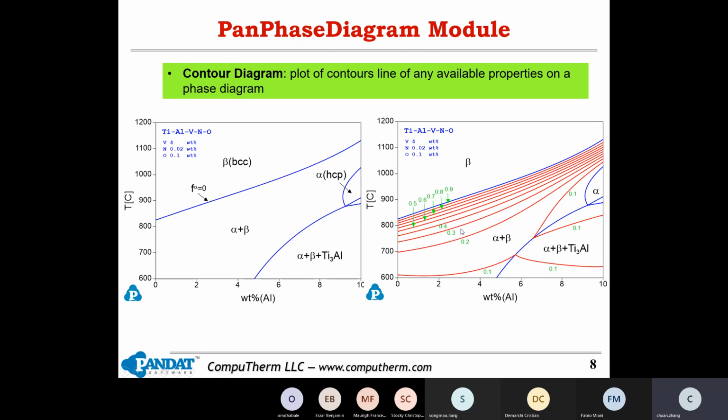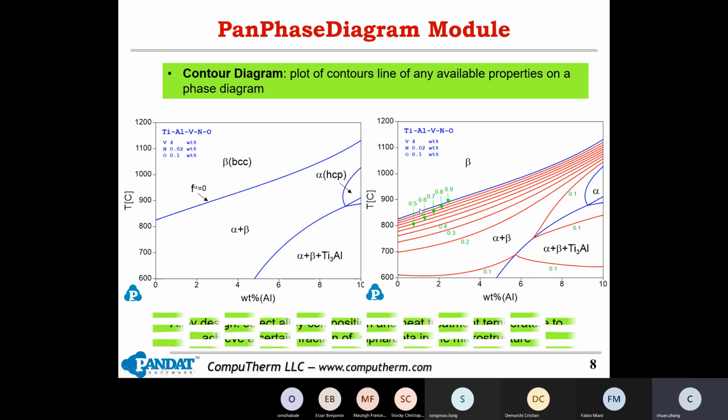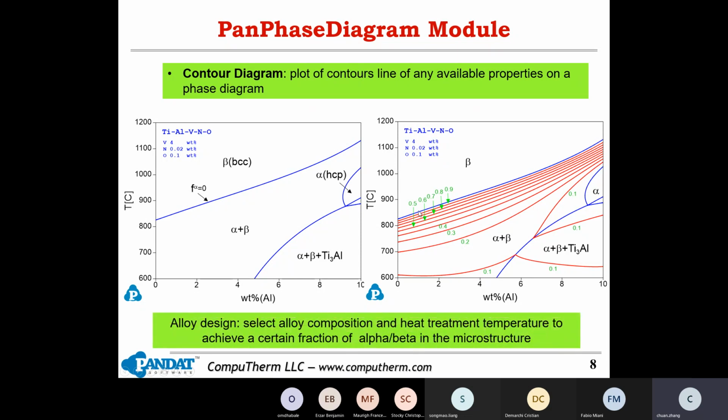For example, if we want the beta phase fixed at 30%, we follow this line and can decide at which composition and temperature we can obtain 30% beta phase. This information is very important for selecting the alloy composition and heat treatment temperature to achieve a certain fraction of alpha and beta phase in the microstructure. This is very important for alloy design.